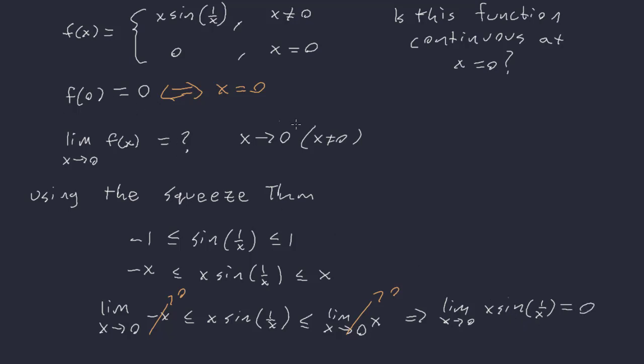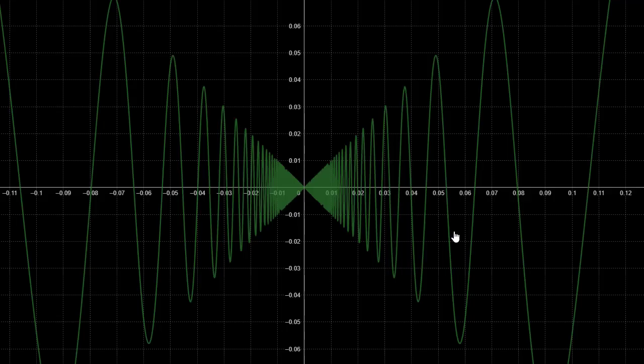Okay, so f of 0 is 0, and the limit as x goes to 0 of f of x is 0. So the answer is yes. Okay, f of x is continuous at x equals 0. Okay, even though from the graph it may be difficult to see that.